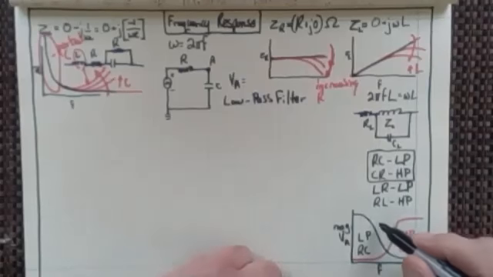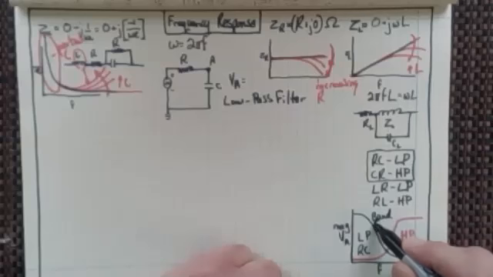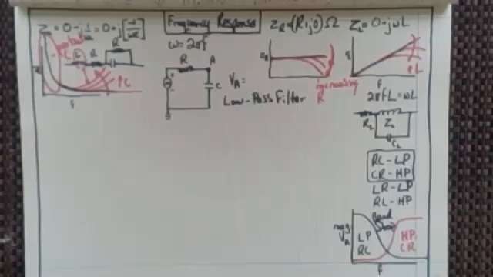In fact, you could say that this was then a band stop filter, right? Because you're going to let this low stuff through, this high stuff through, but the stuff in the middle is not getting through at all. So we call that a band stop filter.